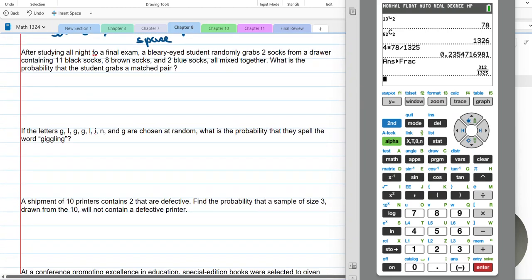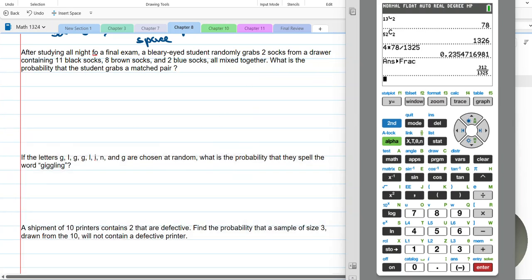All right, so let's do another one. These are easy, easy, easy. Think about what's happening.